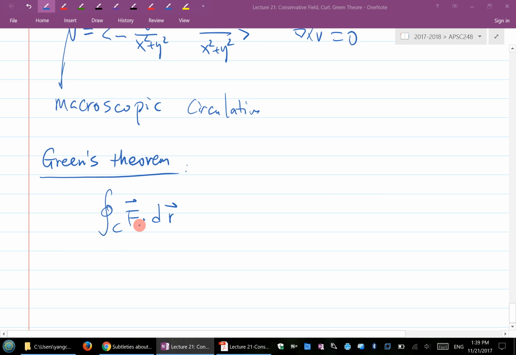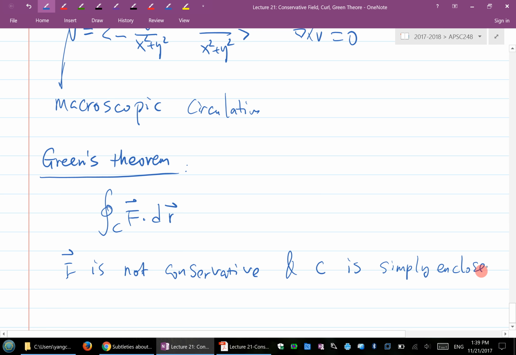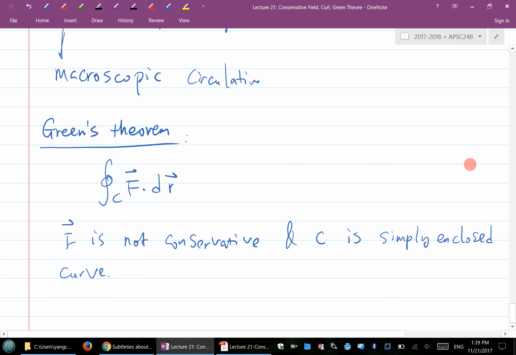So here's the third scenario. F is not conservative, and C is a so-called simple closed curve. Simple closed basically means topology-wise it doesn't have twists here and there.